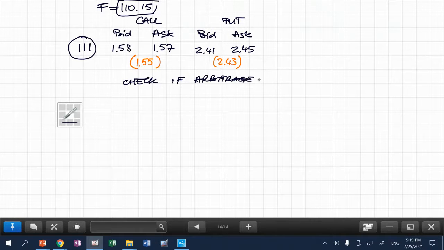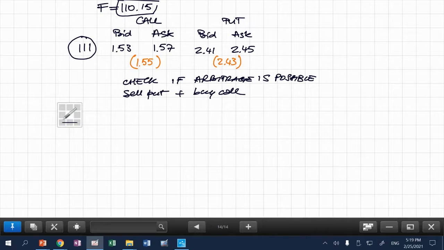What would this imply? If the put is overvalued, what should we do? Sell. If the call is undervalued, we should buy, okay? So two clear pieces of the potential arbitrage are going to be these two, okay? So we sell the put.